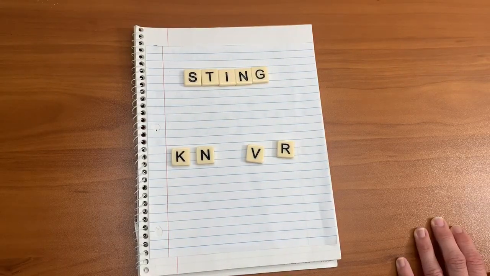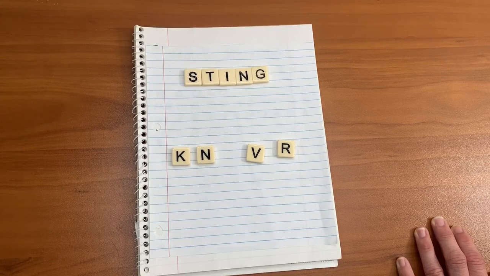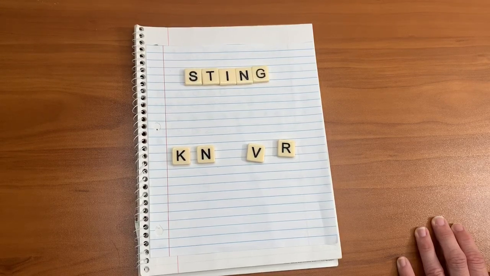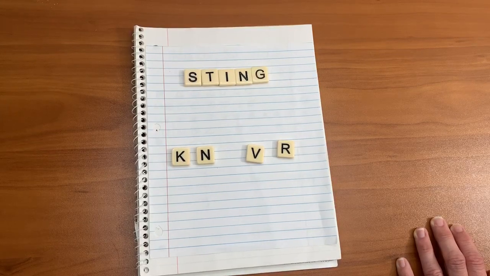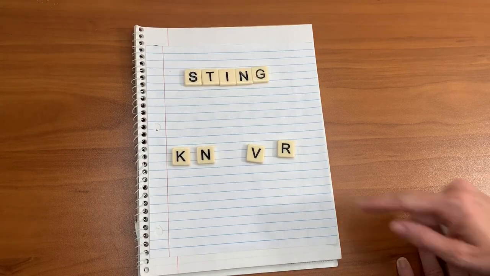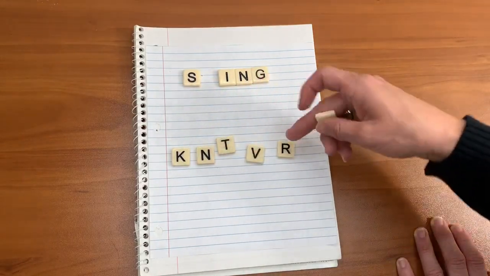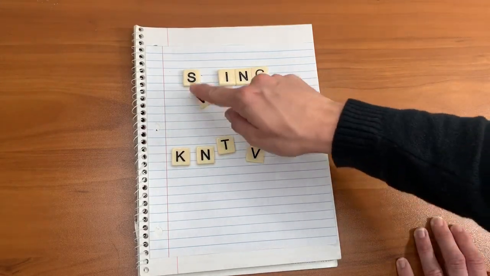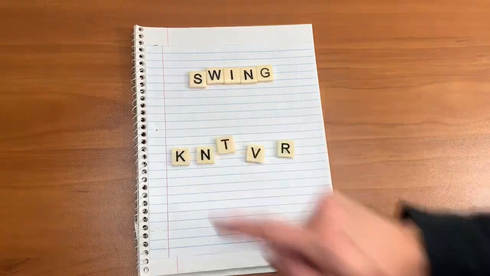That one would become sting. Or I could ask, how could I change sting into swing? Swing. I'm going to take the T out and put a W in. Swing.